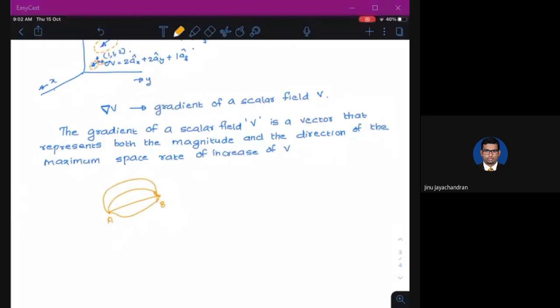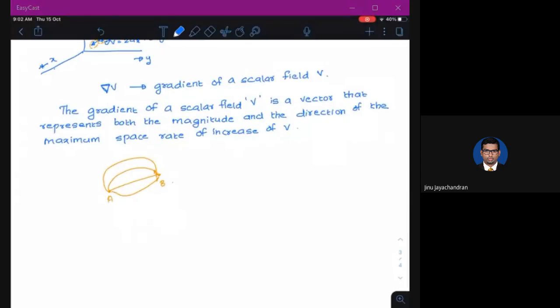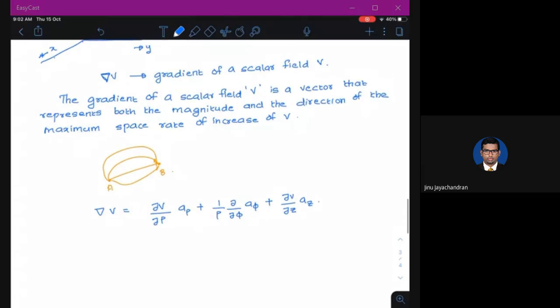Now, the gradient till now we have considered is only in the Cartesian coordinate system. This can be represented in the cylindrical coordinate system as ∂v/∂ρ aρ plus (1/ρ) ∂v/∂φ aφ plus ∂v/∂z az. So this is in cylindrical.